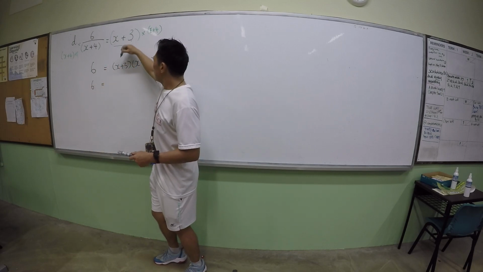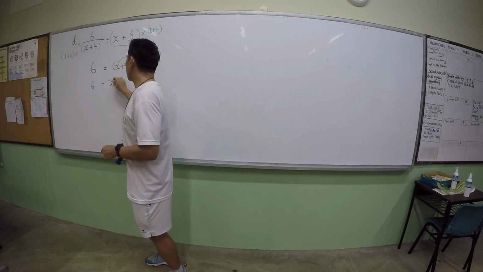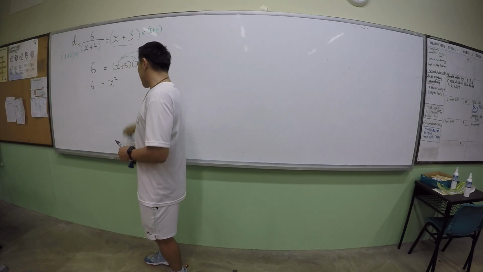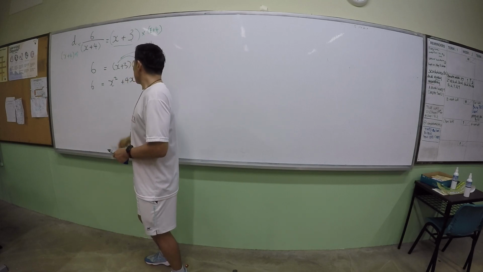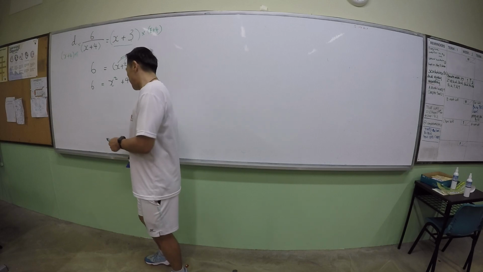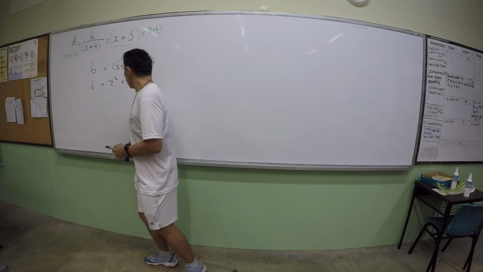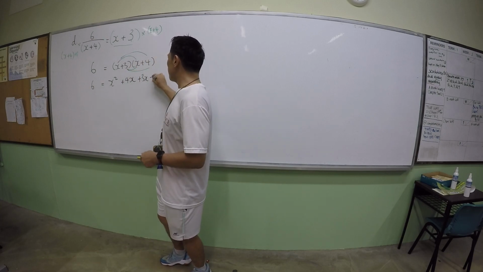Right hand side, first term multiply first term x squared. First term multiply second term plus 4x. Second term multiply first term plus 3x. And finally, last term multiply last term positive 12.